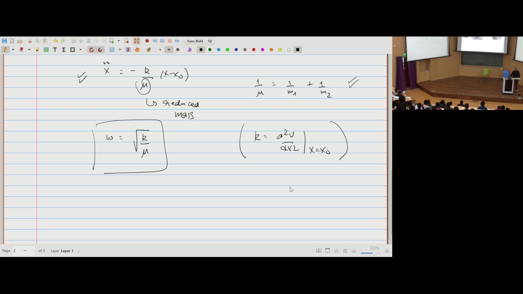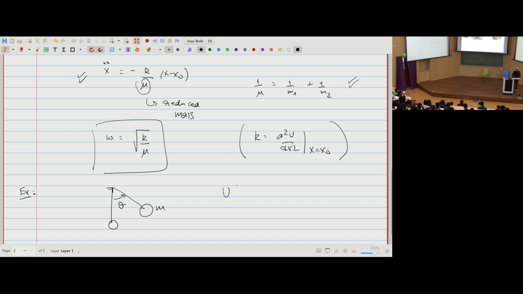Now there are situations where your potential energy graph is more conveniently written in terms of an angle theta. We discussed the pendulum. In that case, we described the potential energy as a function of theta.